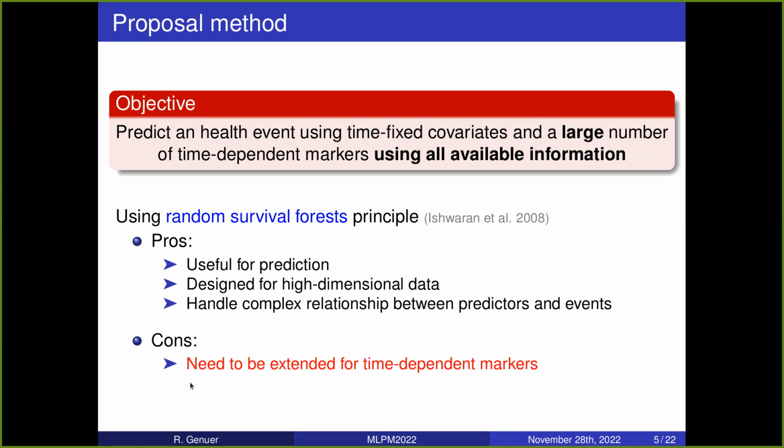It is really only tailored for taking into account time-fixed covariates, or maybe markers that are measured at only one time, and do not account for all the trajectories of the markers. So we would like to extend this method in this case.